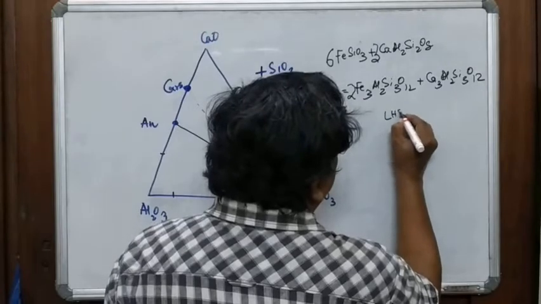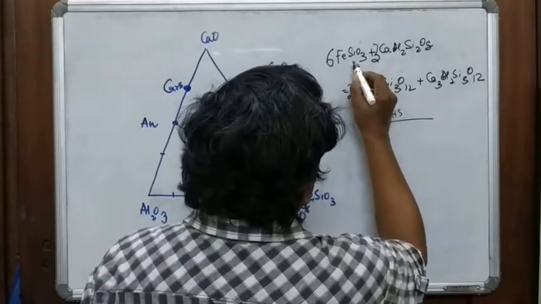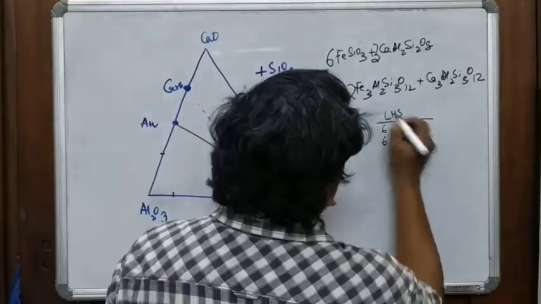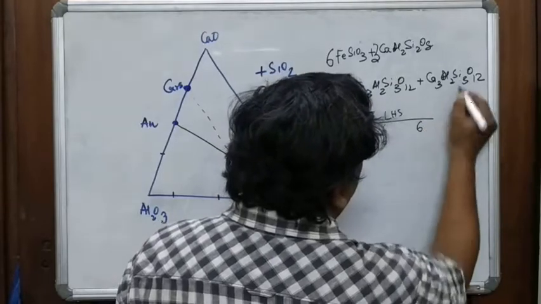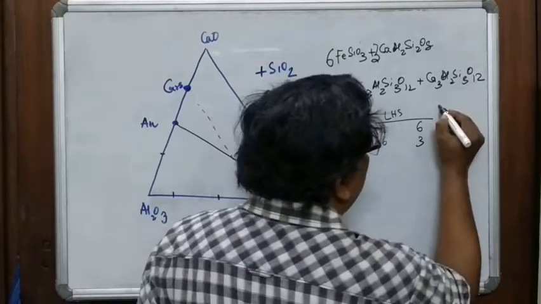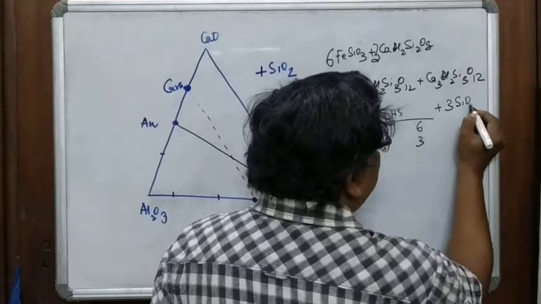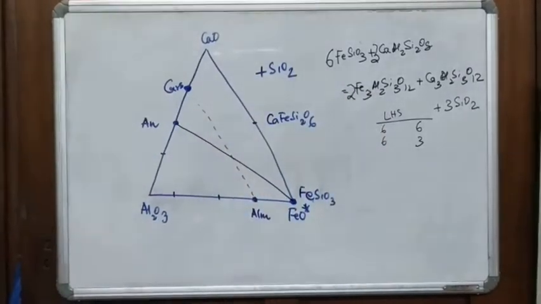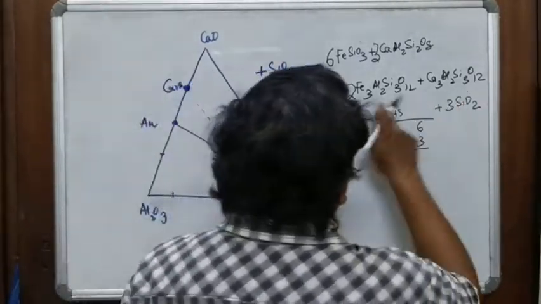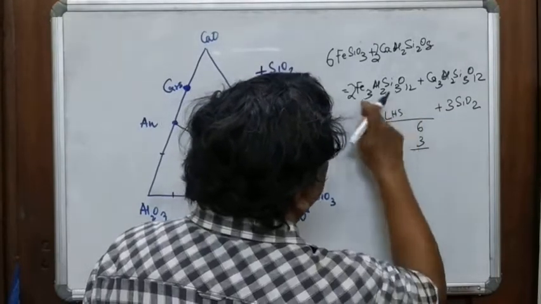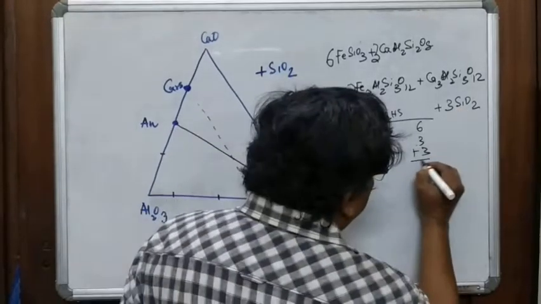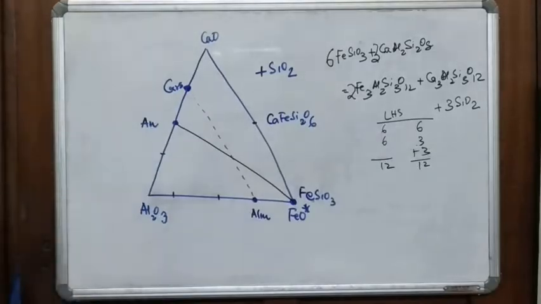On the left hand side, you have silicon 6 here and 6 here. On the right hand side, silicon is 6 here and 3 here. So we need 3 more SiO2, but that is simple. We can just take 3 SiO2. Do you understand? So this adds up to 12 and this should be 12. So your silicon is also balanced.